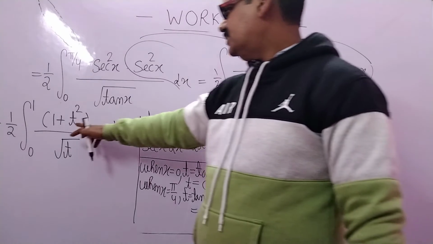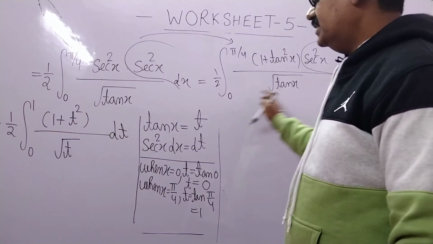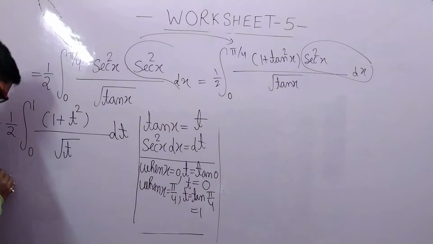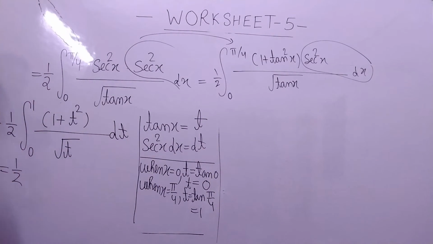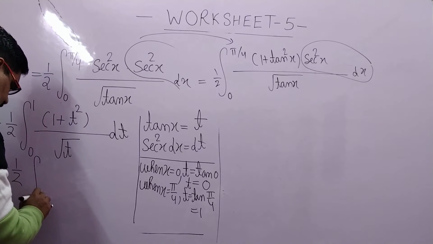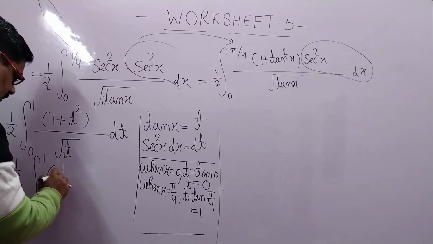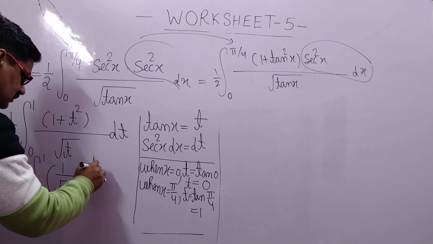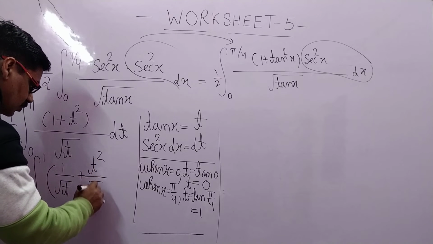Value of tan x is t. So now it becomes 1 by 2, integral 0 to 1. We break it into two fractions, 1 upon root t plus t square upon root t dt.